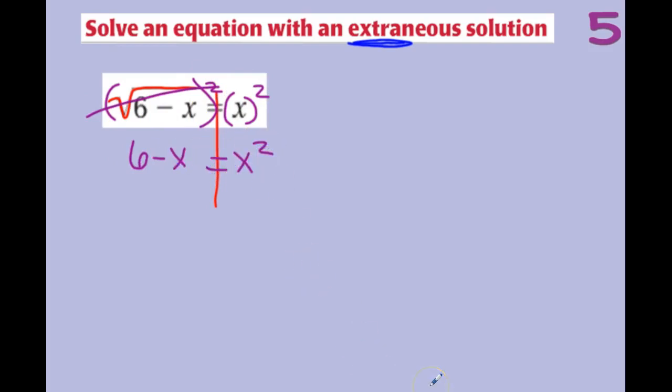Alright, well we haven't had any so far that have an x squared and an x, so we need to think about what we've done in the past. Back in chapter 9, we actually did some problems where we had 3 terms and they were all equal to 0. So we're going to make this equal to 0.